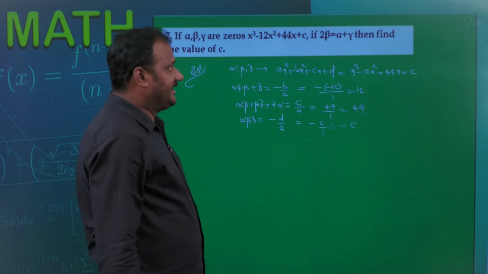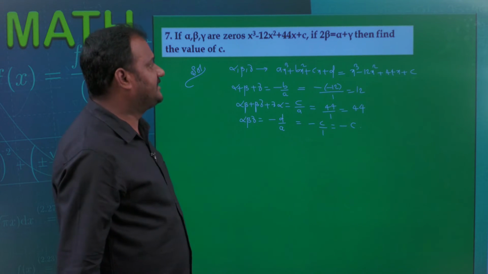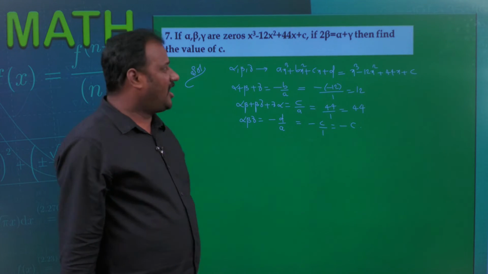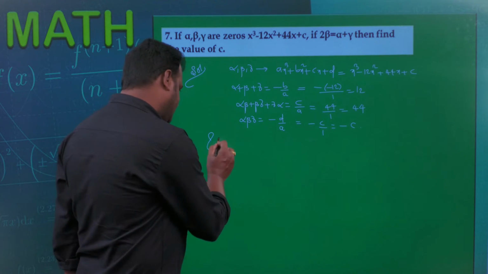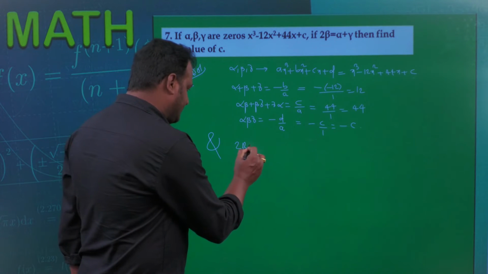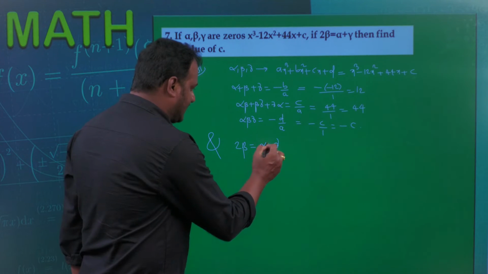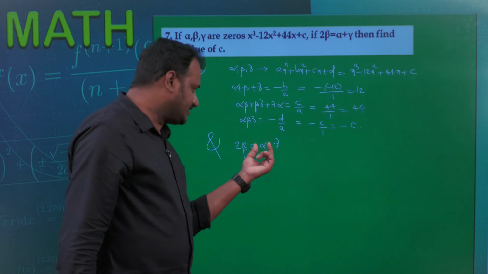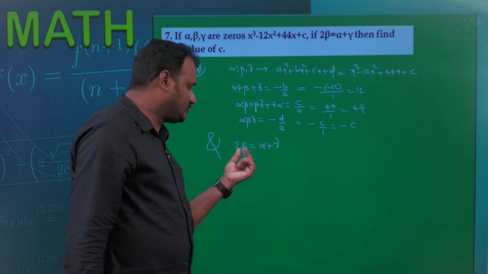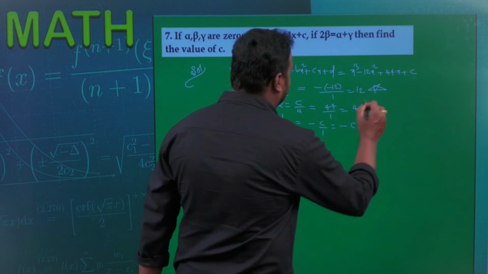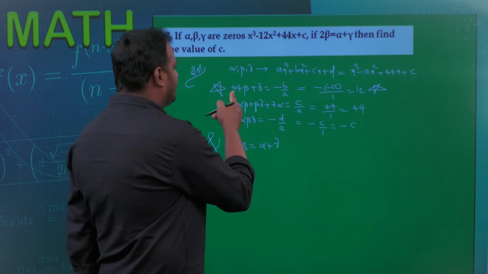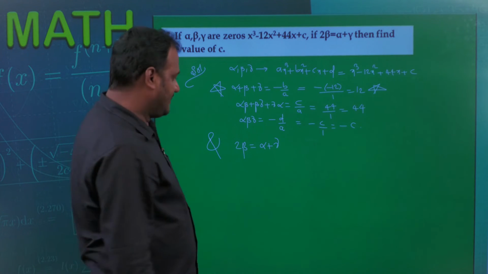Another piece of information given here is 2 beta is equal to alpha plus gamma. How do we use this? It means in the place of alpha plus gamma, you can use 2 beta. I am going to choose this because I have alpha plus beta plus gamma there.